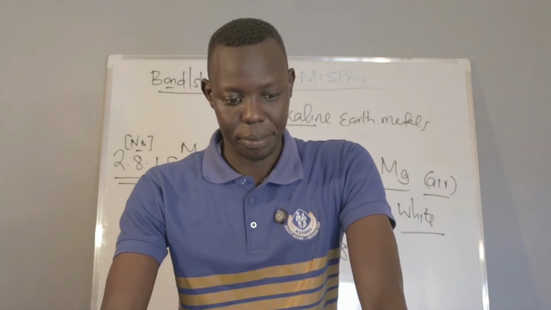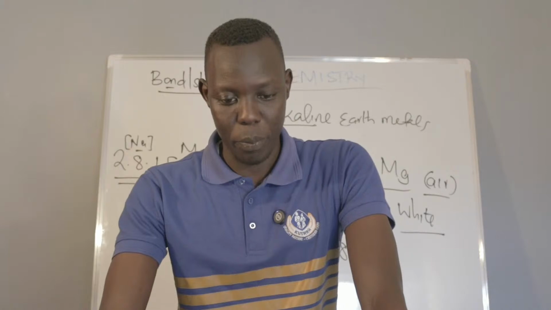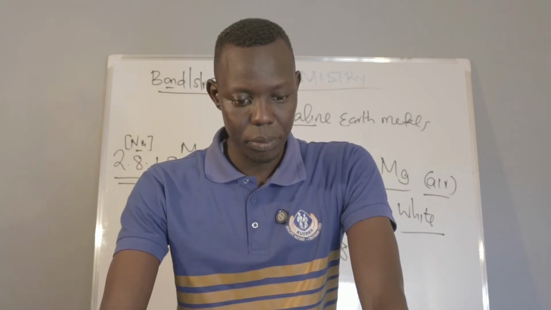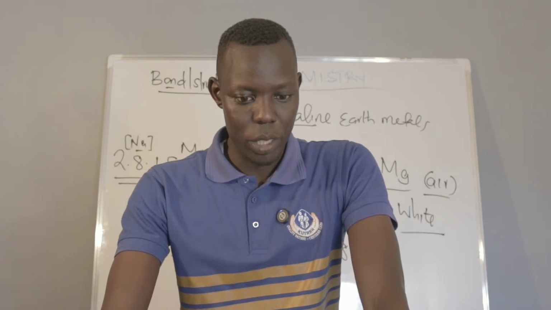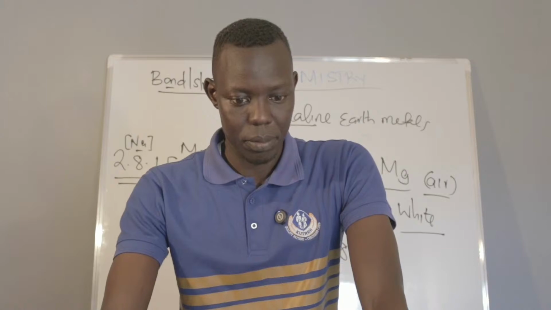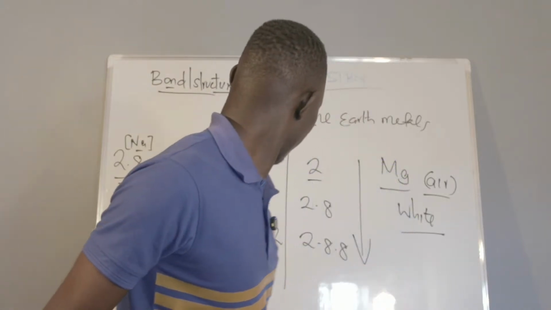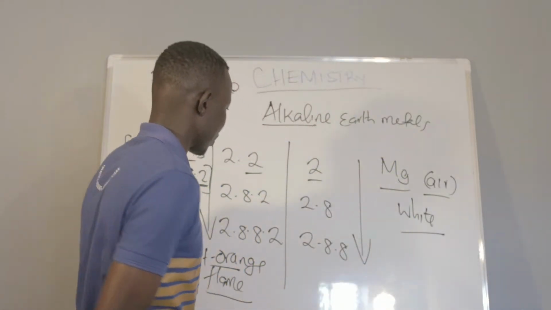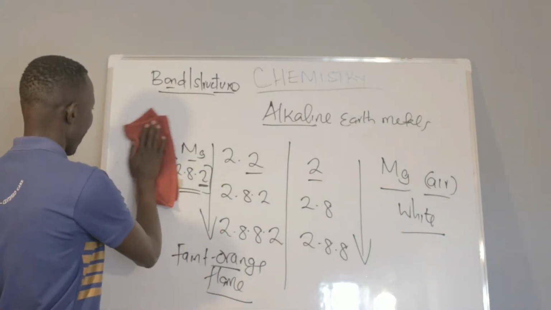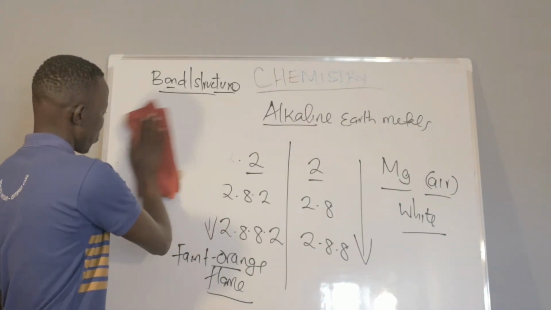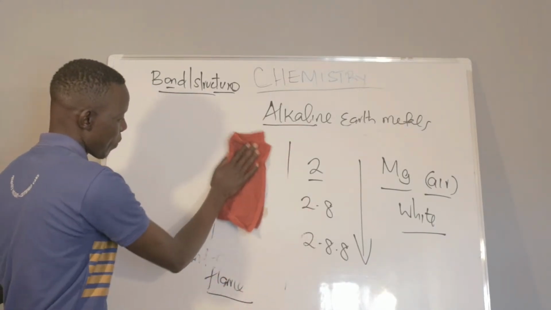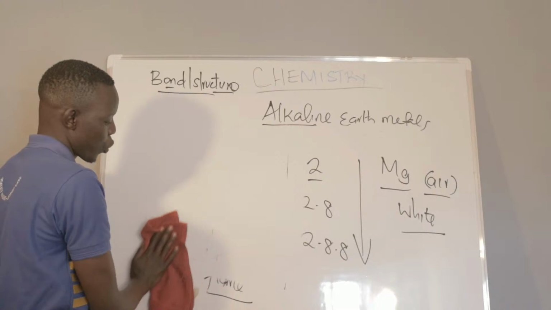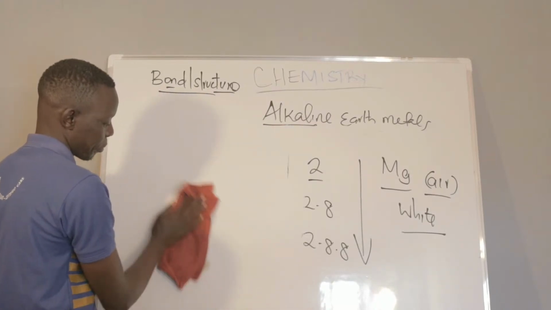What do you say? I'm waiting for you to answer me. In that case, as you are giving me that answer, between beryllium, magnesium, and calcium, which one is the most reactive?